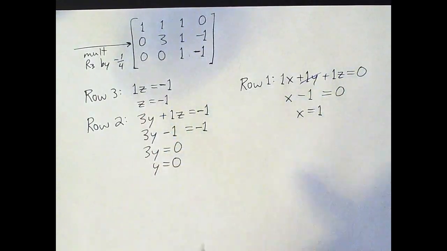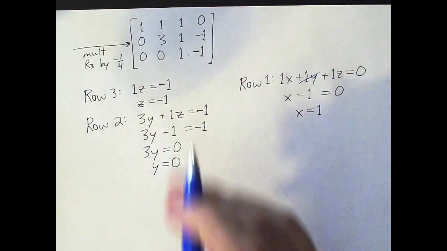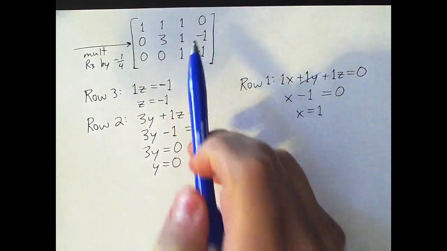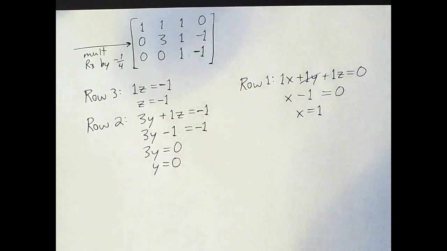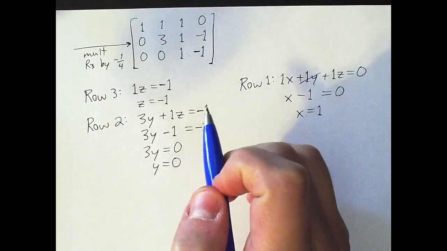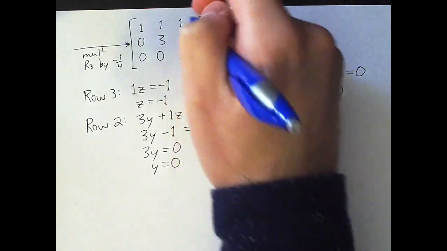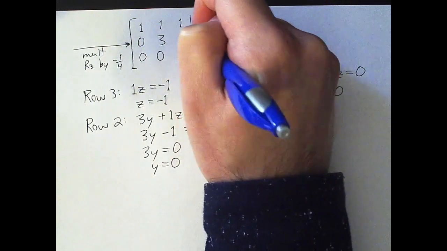By the way, as we convert the matrix back into equations for these final steps, you know how I said that the final column represents the right-hand side? You can imagine little equal signs being here. Sometimes when people write an augmented matrix, they will draw a little line here.